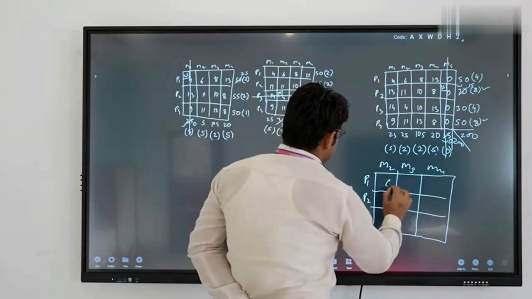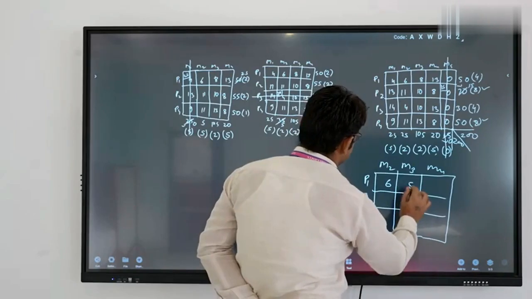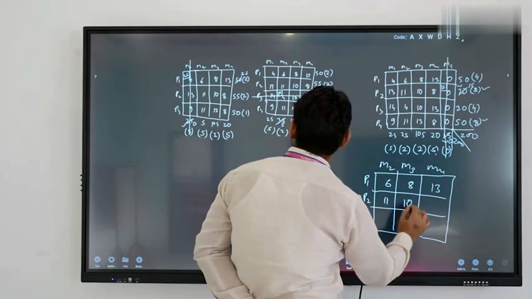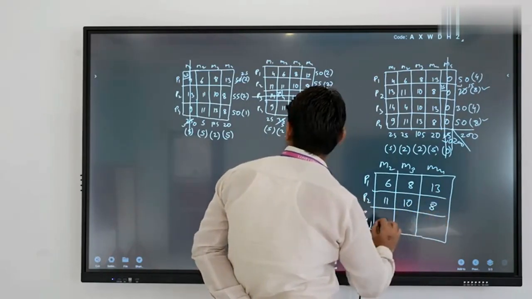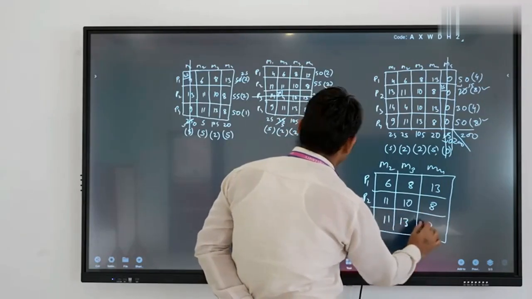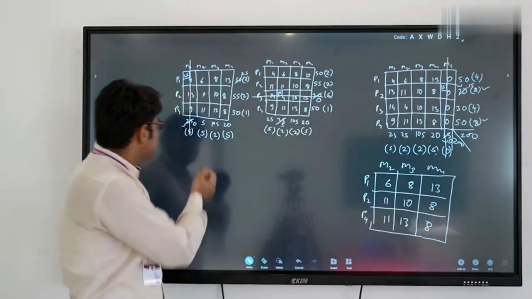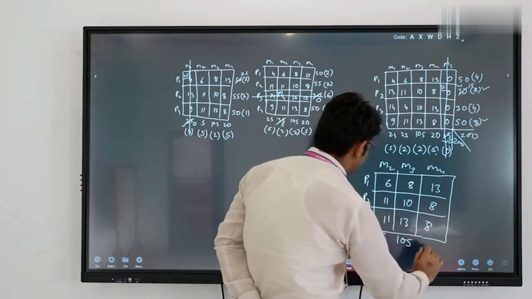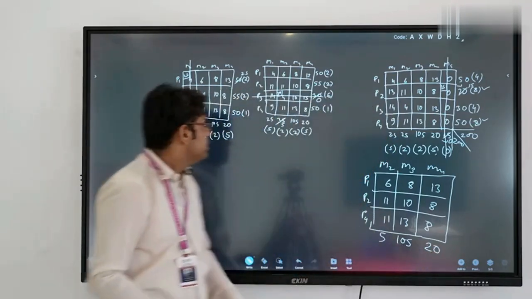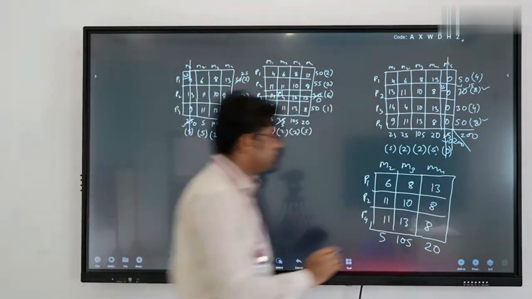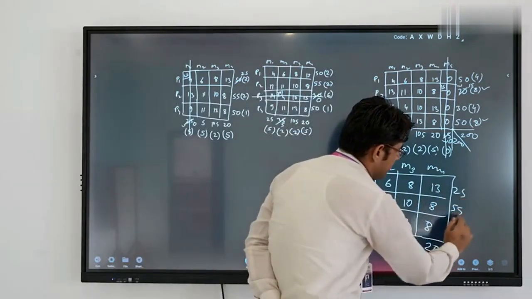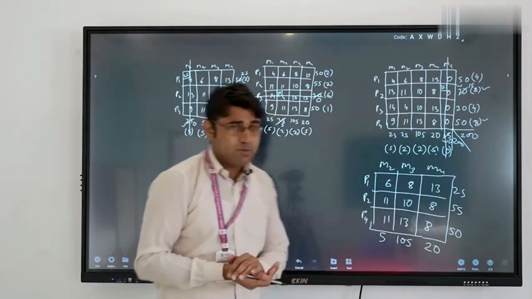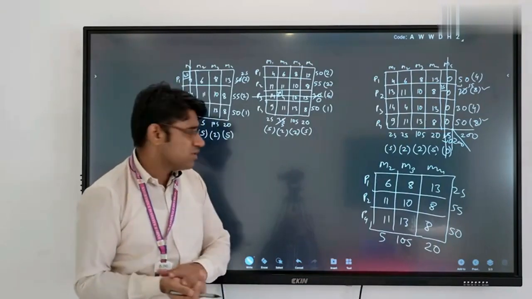And the cost of cells is 8, 13, 11, 10, 8, 11, 13, 8 and demand is 5, 105, 5, 105 and 20 and supply is 25, 55, 50, 25, 55 and 50. So again we find the penalties of each row and each column.